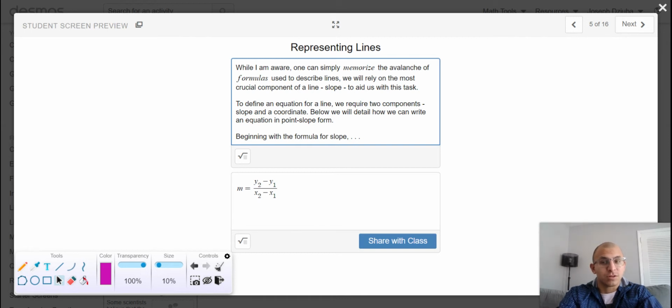Okay, the formula for slope involves 2 points. Okay, but when we want to craft an equation of a line, we only require 1 point and the slope.